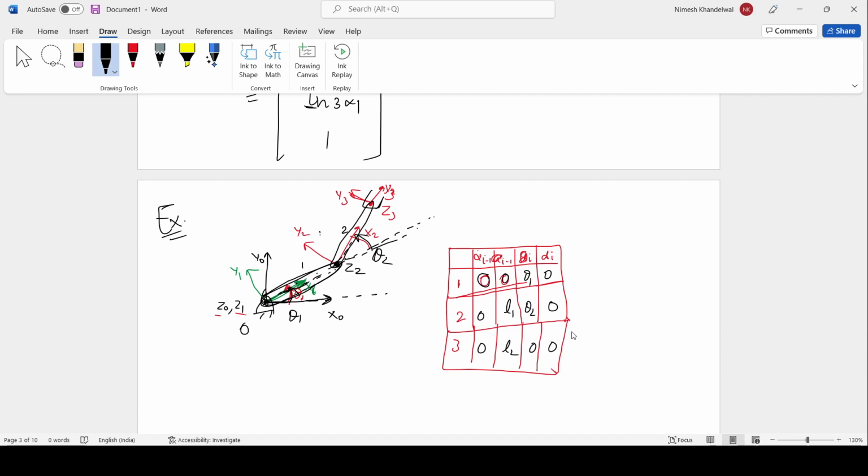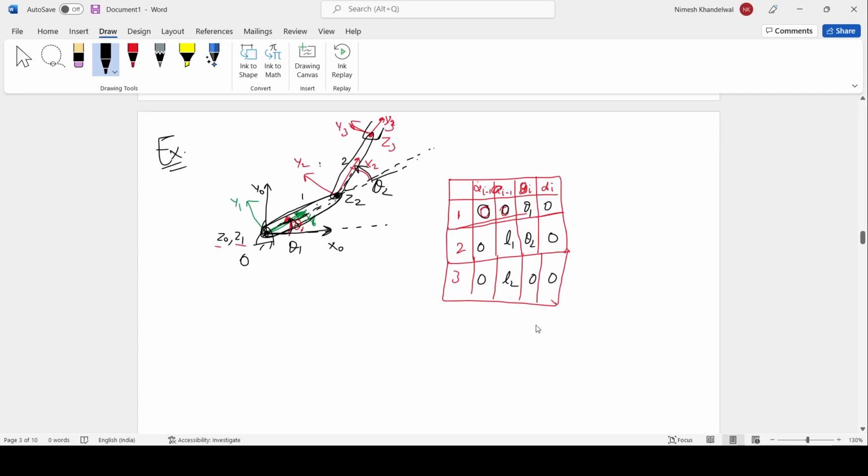Once you have the DH table, you can easily calculate your T01, T12, and T23 using this table.